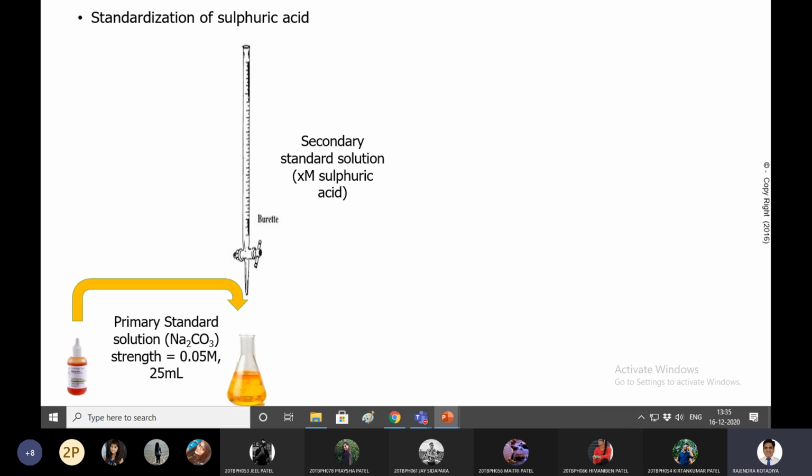Every drop of sulfuric acid will react with sodium carbonate. Sulfuric acid is acidic in nature, sodium carbonate is basic in nature. So every drop of sulfuric acid neutralizes equal moles of sodium carbonate. As we add sulfuric acid, the sodium carbonate will start getting neutralized.